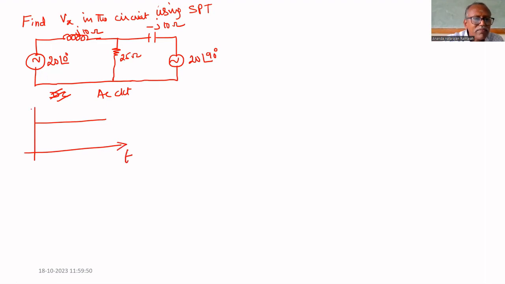If you plot between time versus magnitude, that is voltage. In this case, voltage. It may be current also. Plotted time versus voltage V. This is DC or AC? DC. Okay.